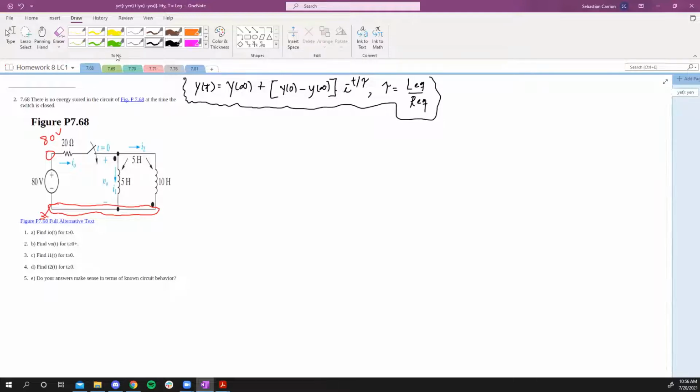Let's now look at t greater than or equal to 0.